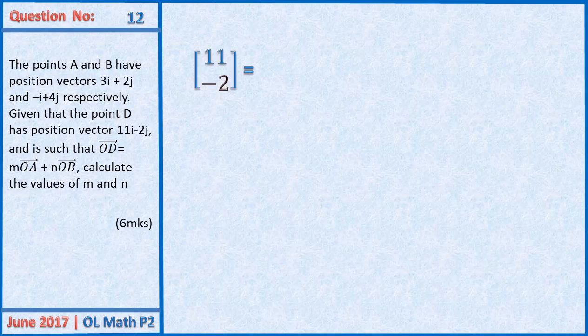OD, which is 11, minus 2 in matrix form, is equal to m times OA, which is 3, 2, plus n times OB, which is minus 1, 4.